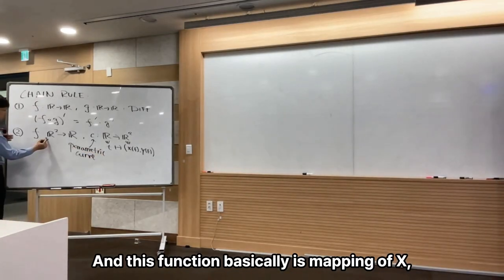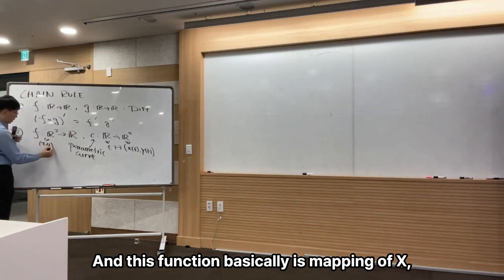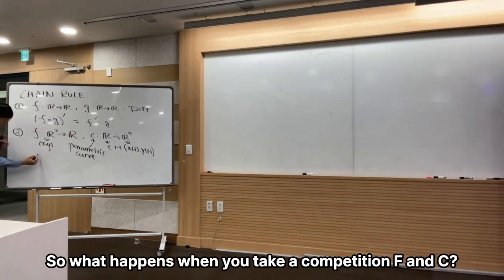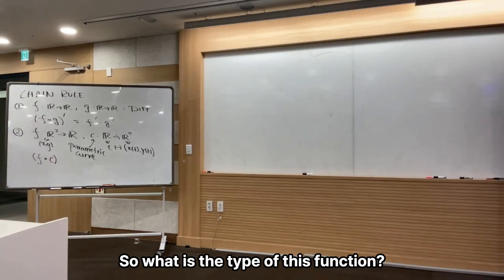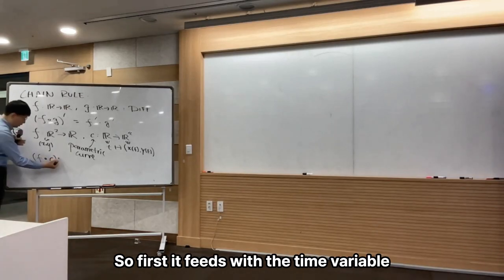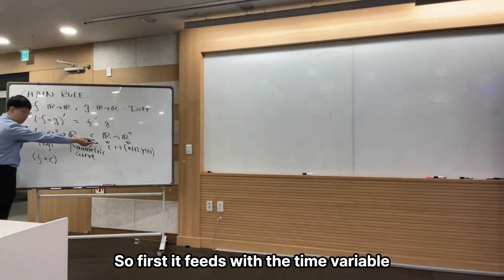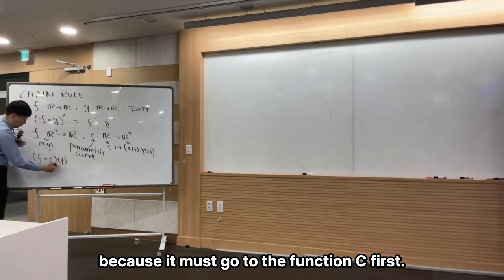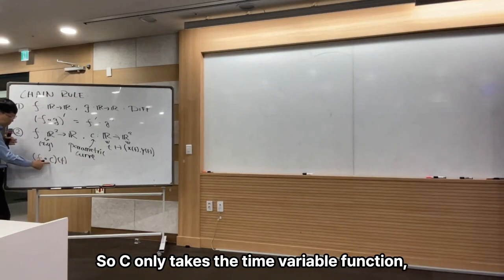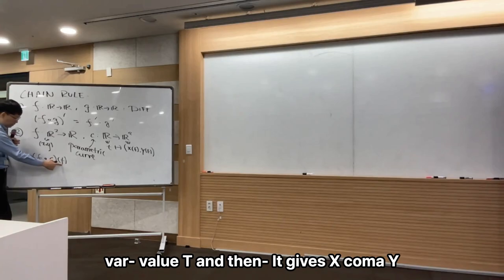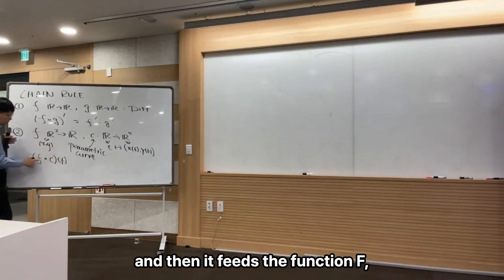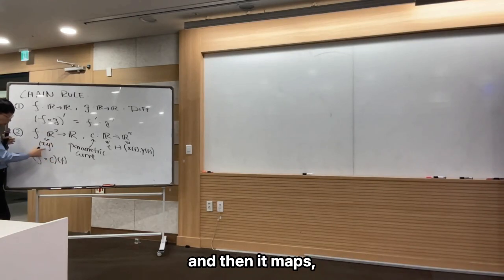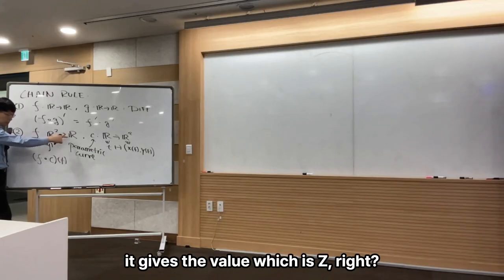And this function f is basically a mapping of x, y into z. So what happens when you take the composition of f and c? What is the type of this function? First, it is fed a time variable because it must go to the function c first. c only takes the time variable t, and then it gives x, y, and then it feeds the function f, and then it gives the value, which is z, right?